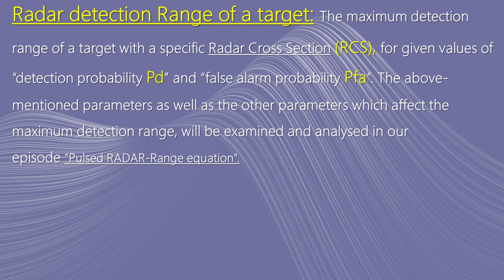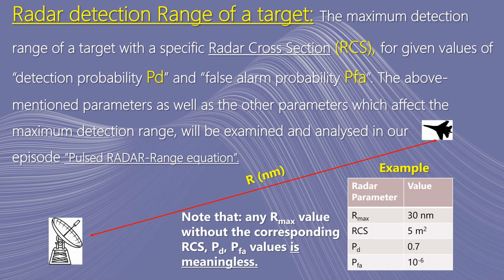The above-mentioned parameters, as well as the other parameters which affect the maximum detection range, will be examined and analyzed in our episode Pulse Radar Range Equation. It is very important to note that any maximum range value without the corresponding RCS, PD, PFA values mentioned above, as in the example at the bottom right, is meaningless.